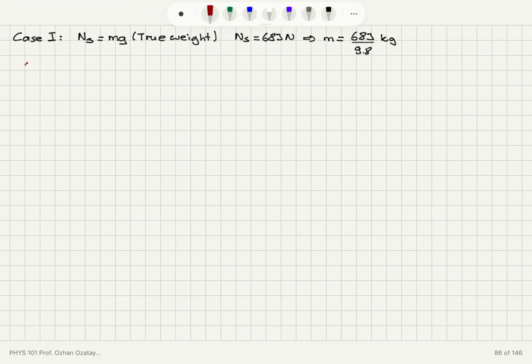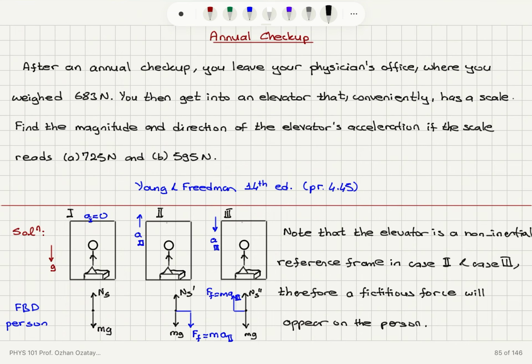So let's move on to part A. In part A, the reading is 725 newtons, so it is more than the true weight, because now the normal force is basically balancing the fictitious force and the weight.